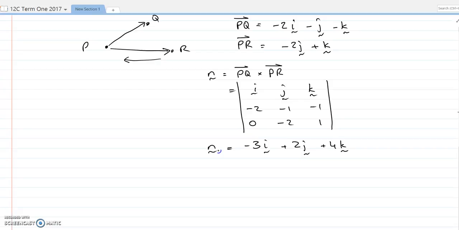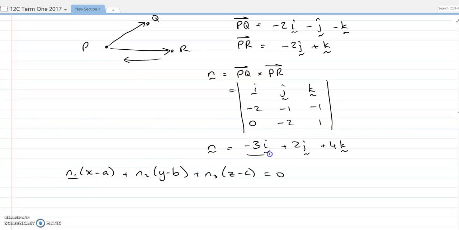Now, the equation for a plane, we said, is n1 (x minus a) plus n2 (y minus b) plus n3 (z minus c) equals 0. Okay, n1 is this -3.